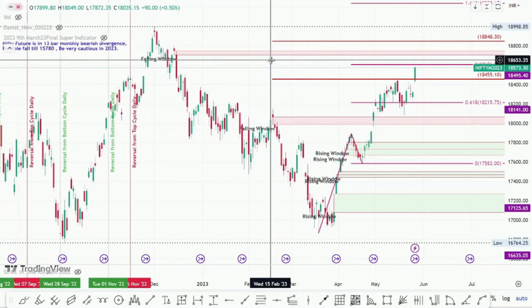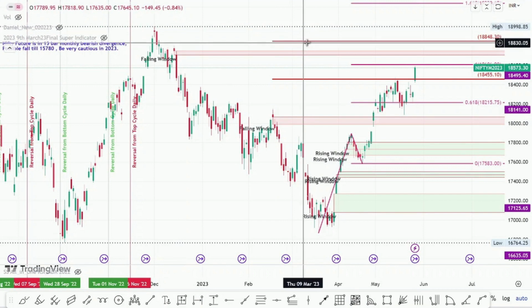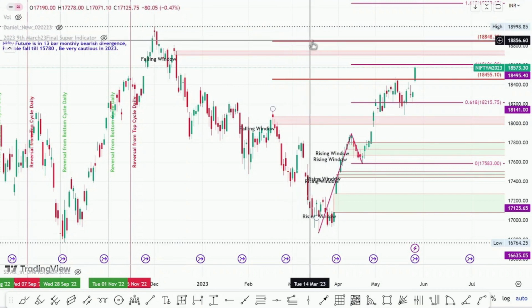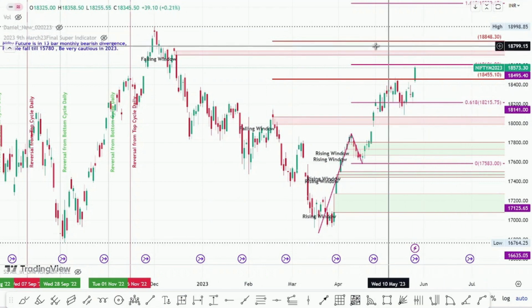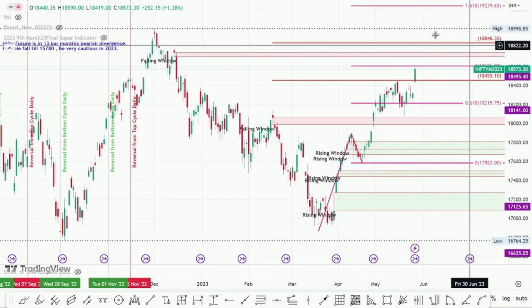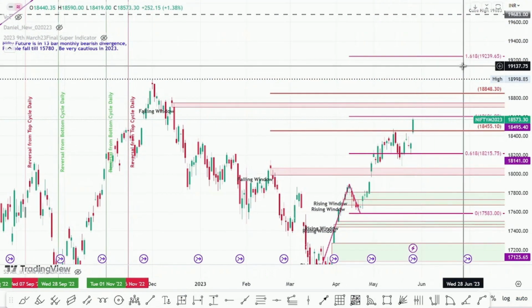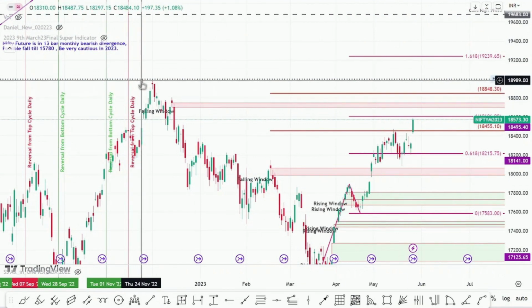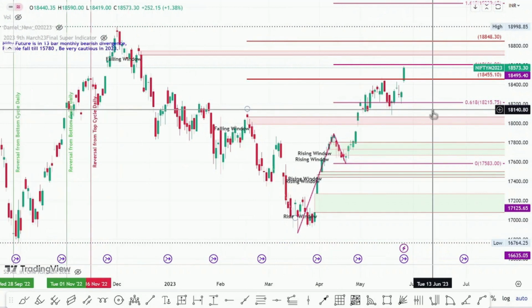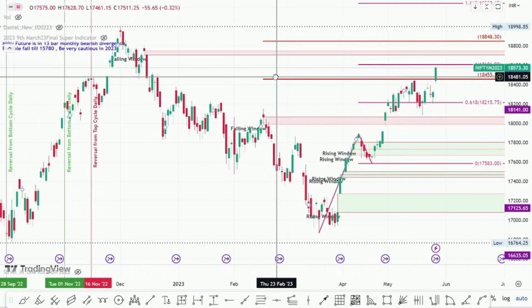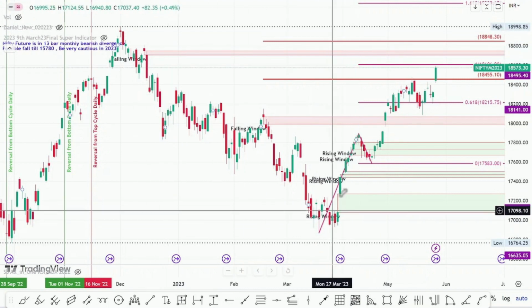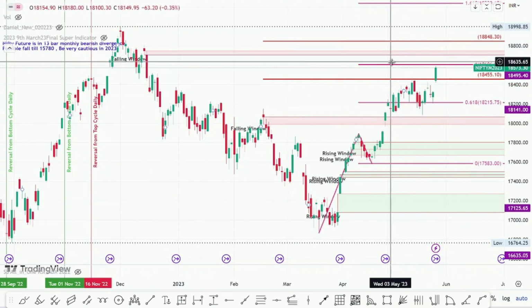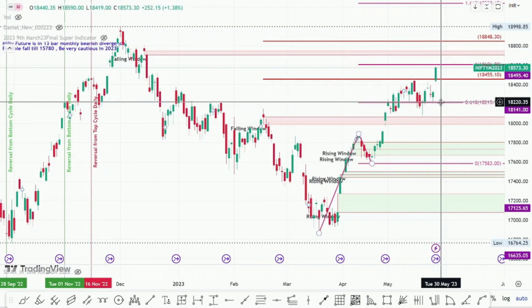But if you can successfully cross this particular level, 18848, you'll have another stop at 9239, and the all-time high would also break. But at the same time it is also likely to face a big resistance. After a long downtrend it has got a rally, so it might take a pause.